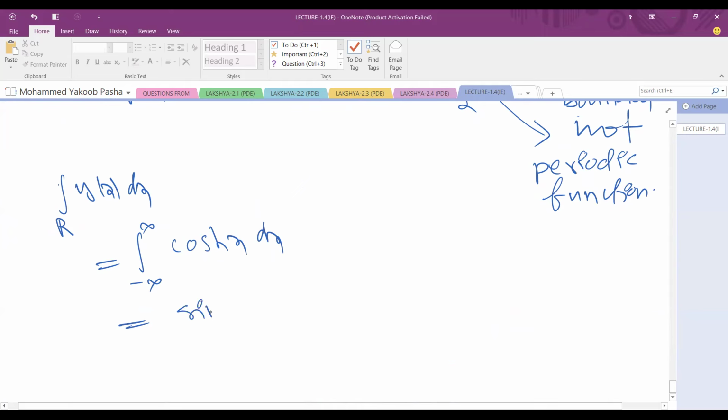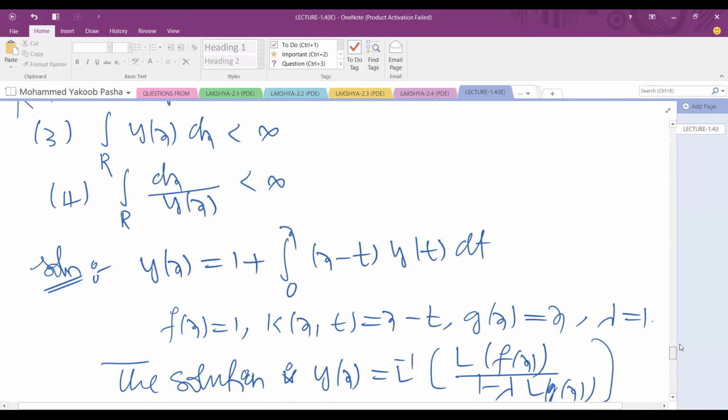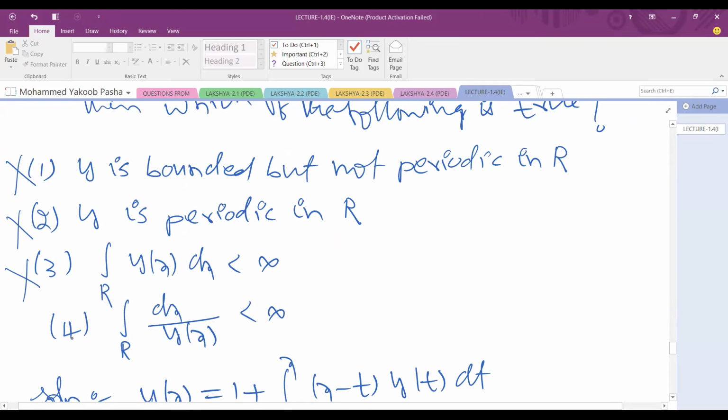It is sin hx. Use the limits minus infinity to plus infinity. What is the value here? This is infinity. So the third option is also not correct. So the fourth option is obviously correct.